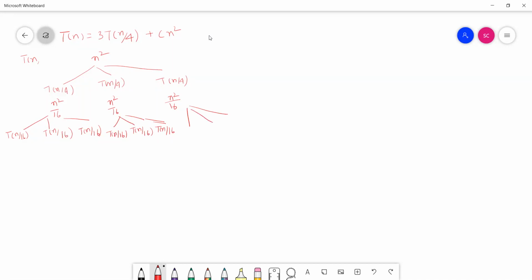For this subproblem, I will do n square upon 256 amount of work.